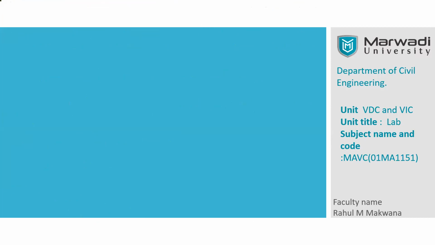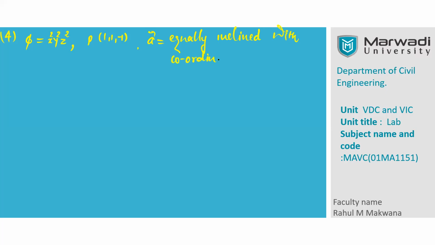Okay. See question number 4. Function is x square y square z square. Point is 1, 1, and minus 1. And the vector is equally inclined with coordinate axis.